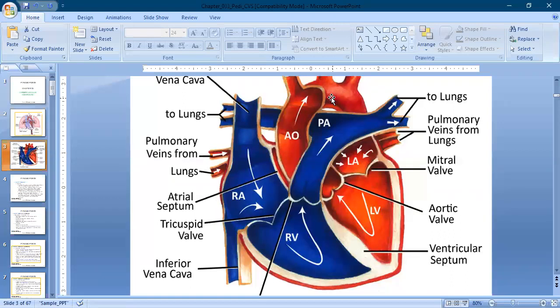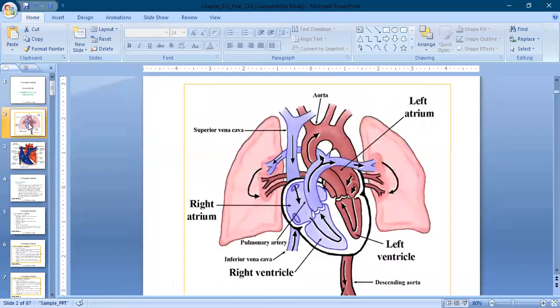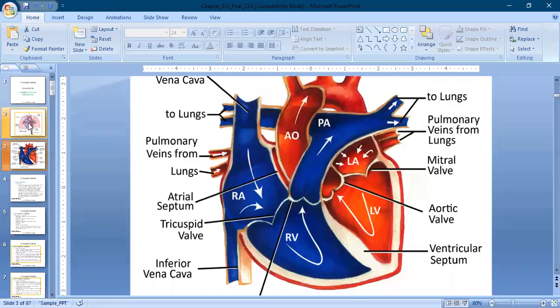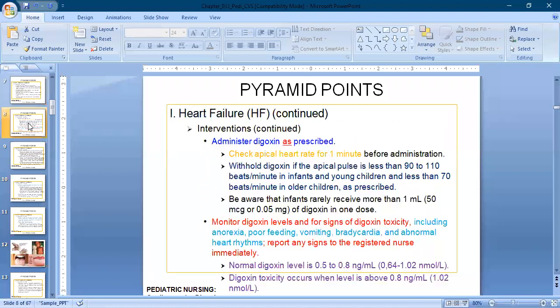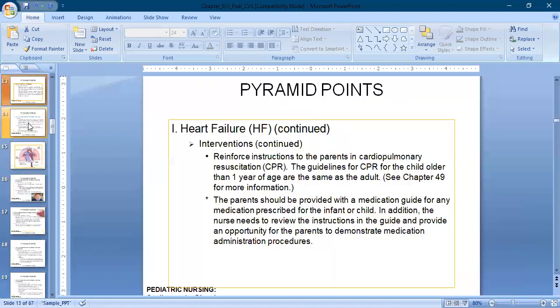Some babies have a problem where the aorta is so narrow, aortic stenosis, and blood does not continue on. So let me show you some pictures so you can easily understand what the problems are.